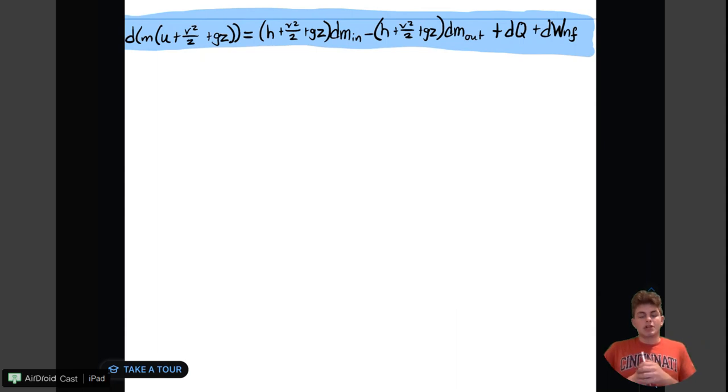So there is our general energy balance, and what we need to do now is derive some sort of Bernoulli's equation for our systems as follows.